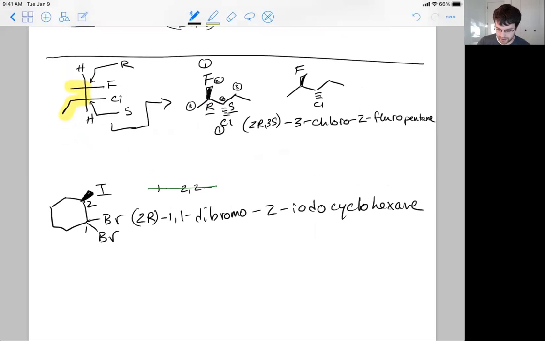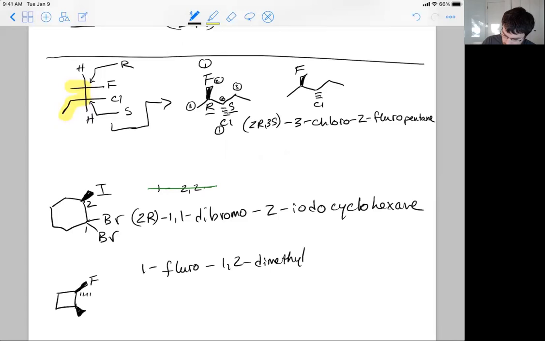Okay. Should we do another practice? Let's have a smaller ring. So this looks like a cyclobutane, and it's 1-fluoro, 1,2-dimethyl cyclobutane.